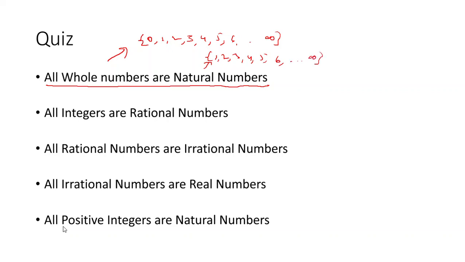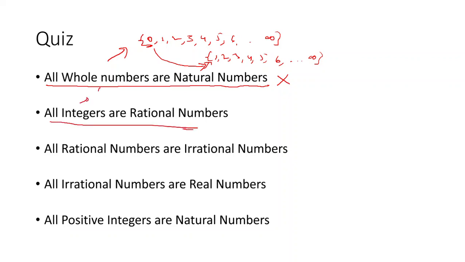So does the natural number set contain 0? No, it doesn't. The whole number set contains 0, which is not in the natural number set, and that's why the statement that all whole numbers are natural numbers is false.